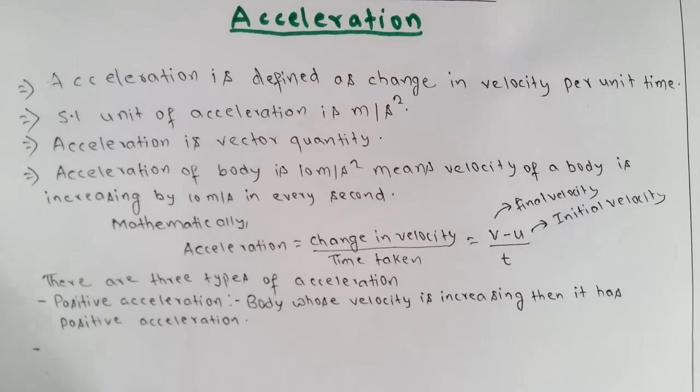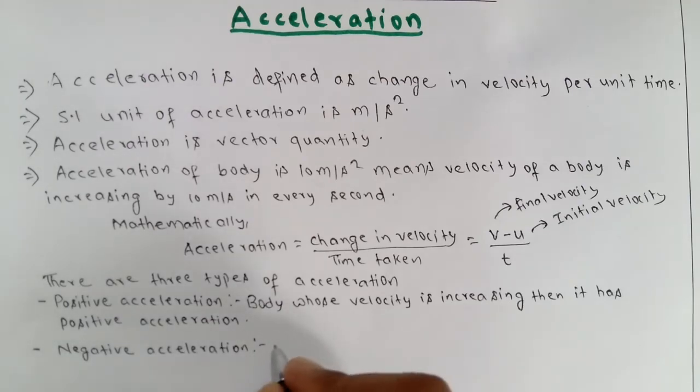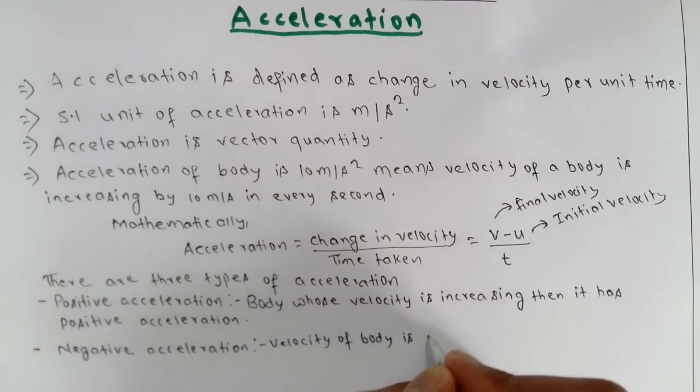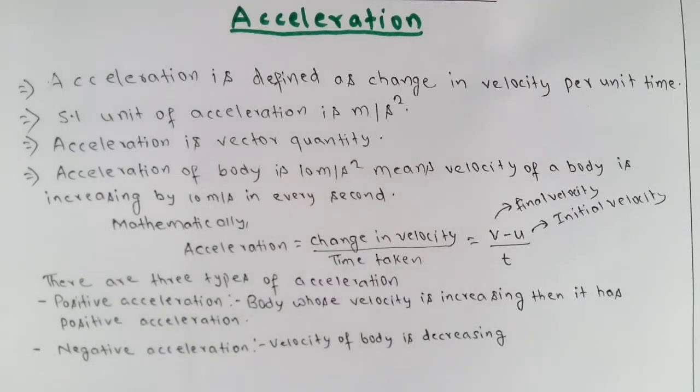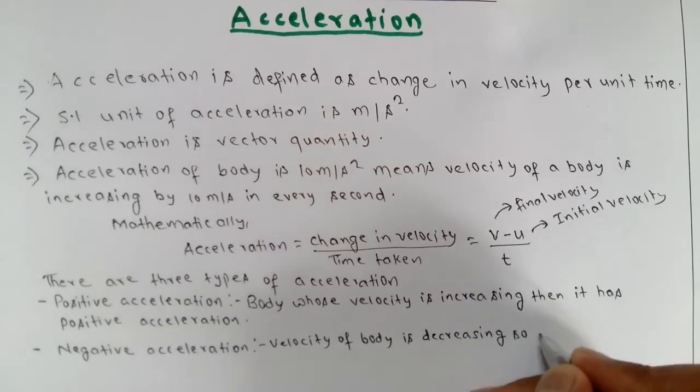Now second, we will write negative acceleration. In case of negative acceleration, the velocity of a body is decreasing. So if the velocity of a body is decreasing, it has negative acceleration.